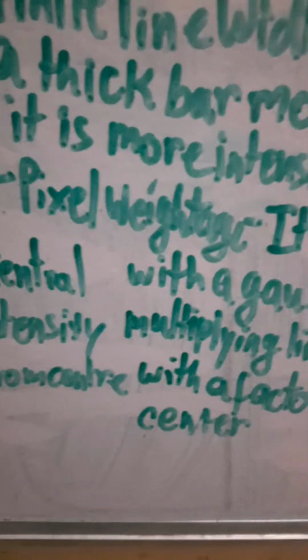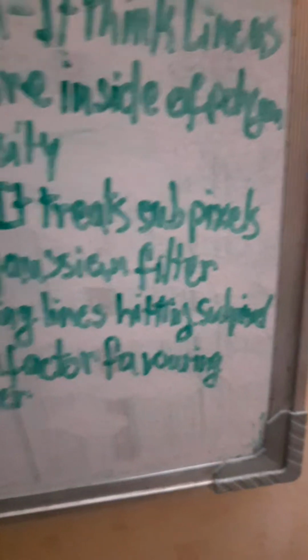So what we do in pixel weightage is it treats subpixels with a Gaussian filter, multiplying lines hitting subpixels with a factor favoring center.